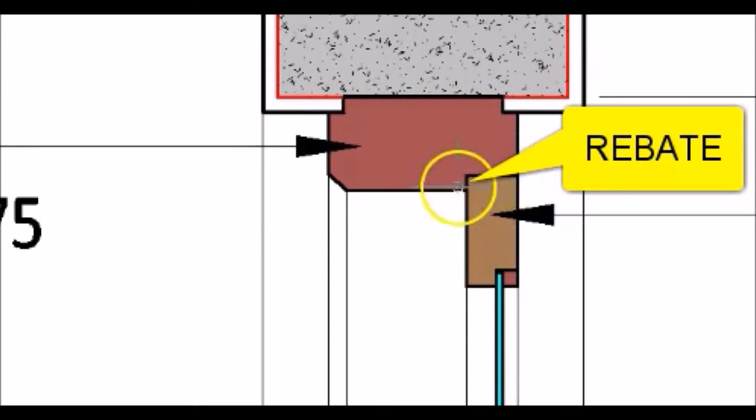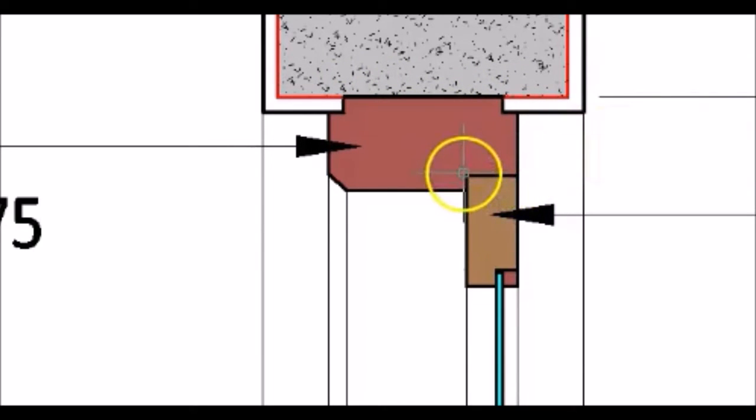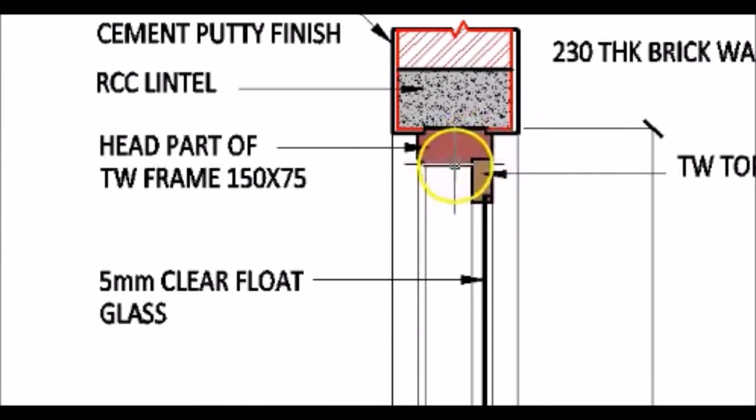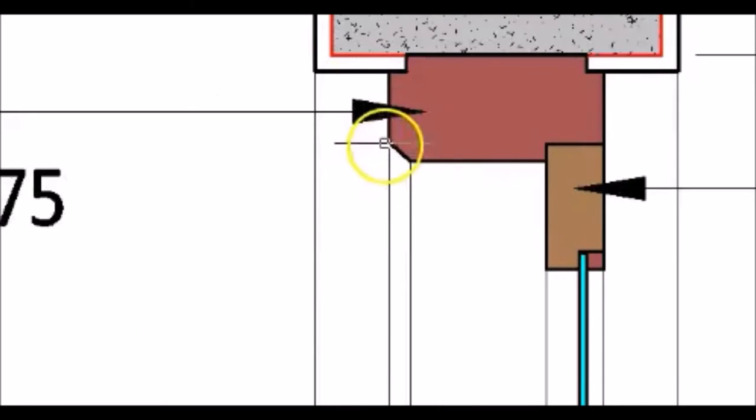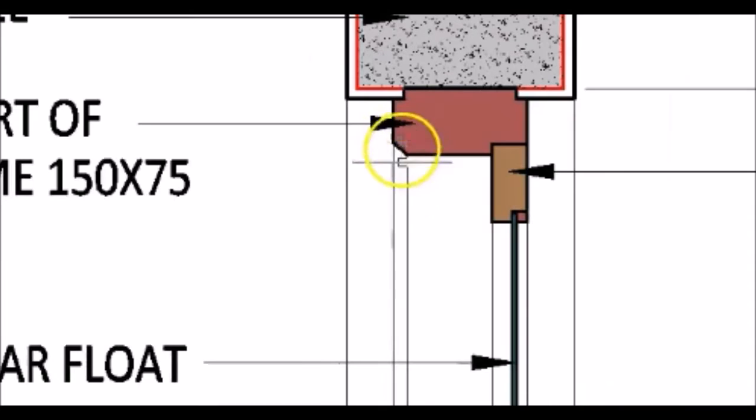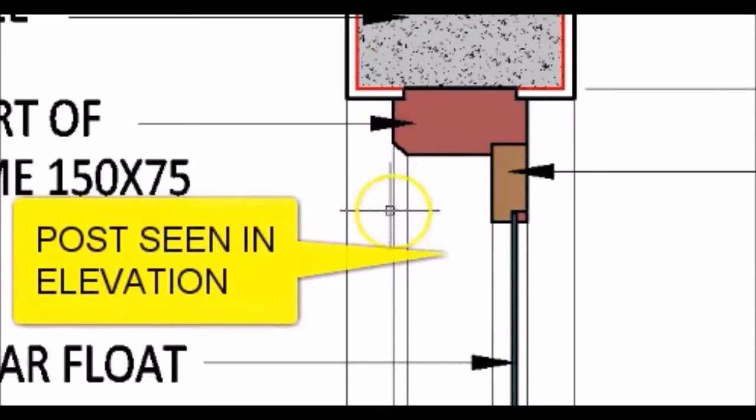The rebate consists of 12 mm dimension in this direction, and this will depend upon the thickness of the door shutter, which in this case is 40 mm. As you can see, the chamfer has been again repeated here, and the same thing can be seen in elevation. So the vertical posts are now seen in elevation here.